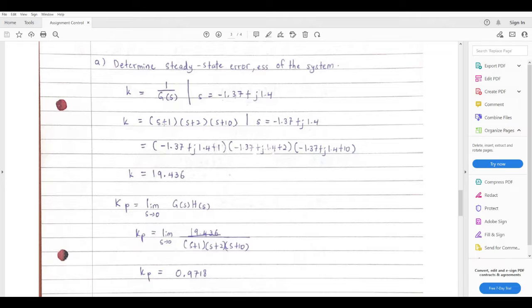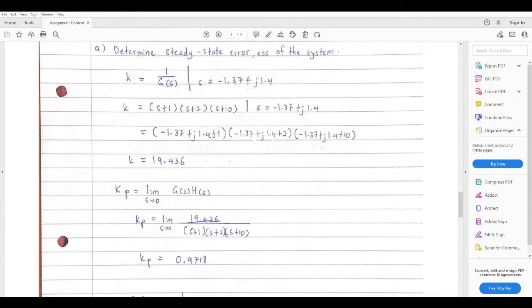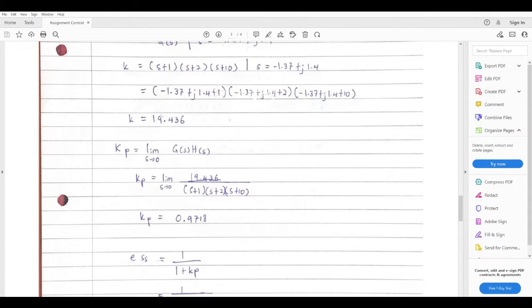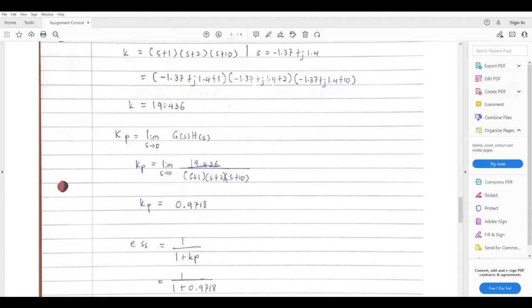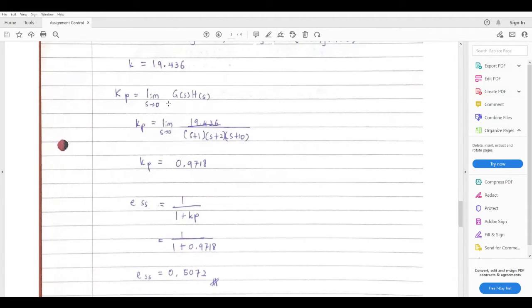Okay, so for the gain, we just take this denominator, then we use the dominant pole and substitute. So after we substitute, we will get the gain is 19.436. Okay, so this is the gain.